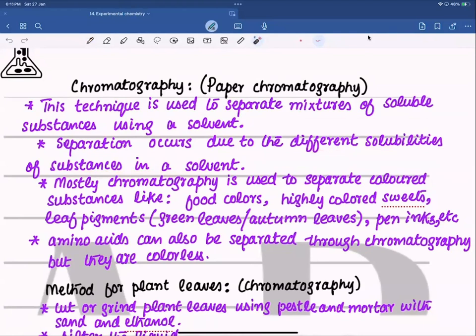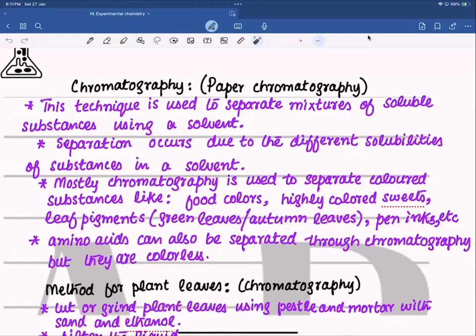Chromatography is mostly used for food colors, in highly colored sweets, in leaf pigments like green leaves and autumn leaves. The color of the leaves is shown by the pigments, so to identify those pigments and the colors in them, and also pen inks.